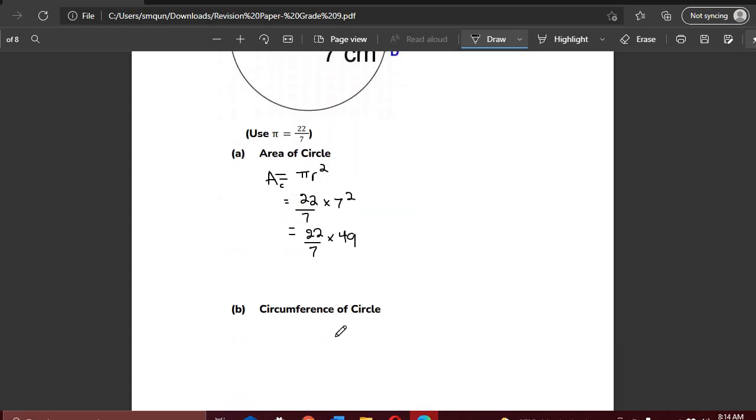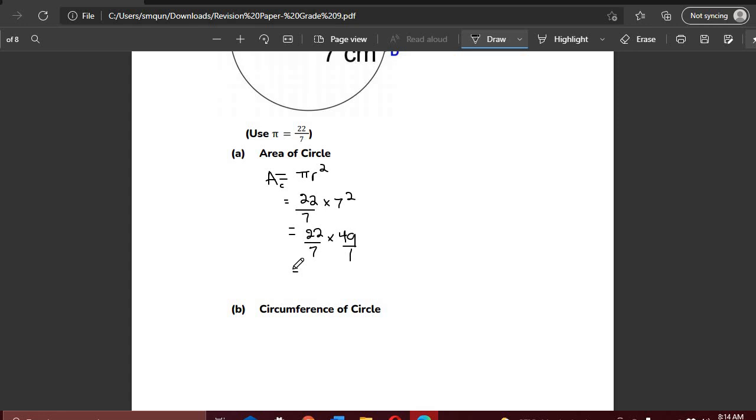And we're just going to go ahead and multiply. When I want to multiply this, there are two ways that you can do it. You can just cancel by saying 7 into 49 would be 7. 22 times 7 would give you 154. Or you can write the whole number as a fraction by putting it over 1. When you want to multiply two fractions, you multiply the numerators and multiply the denominators.